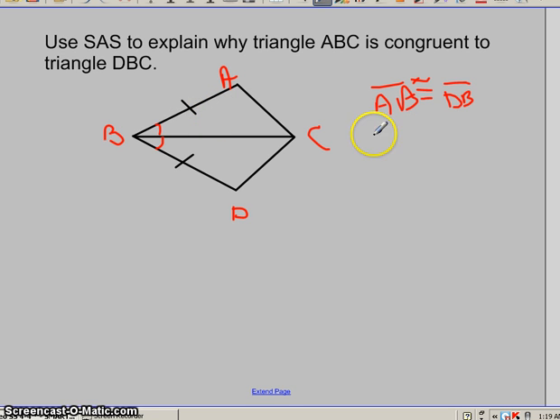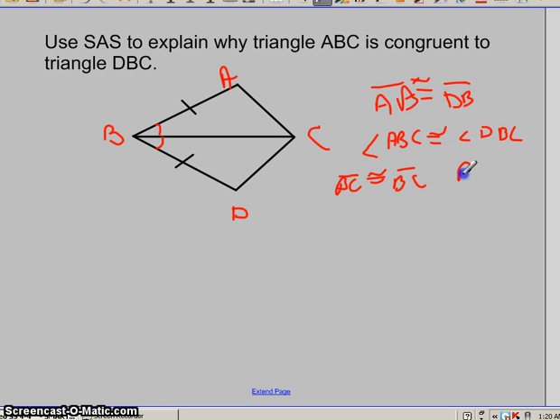We're also given that angle ABC is congruent to angle DBC. So we're given those two things, and it looks like they share this common side again, so we're going to end up using that reflexive property to say that BC is congruent to BC.